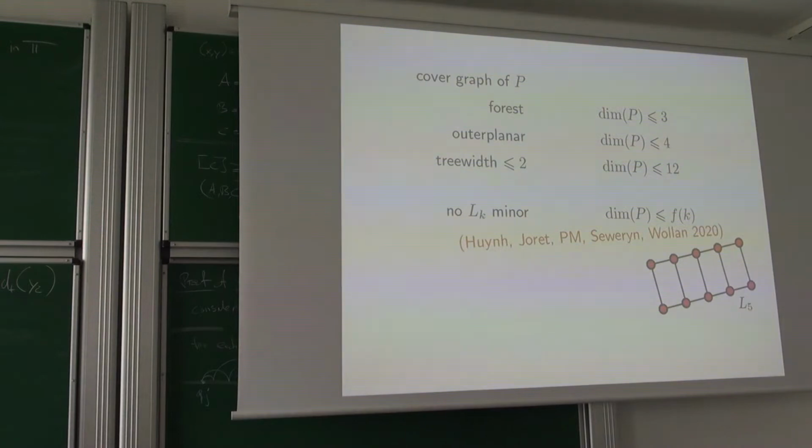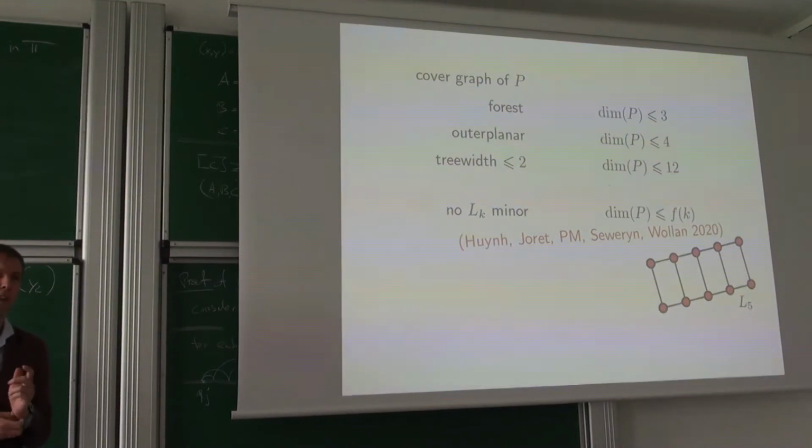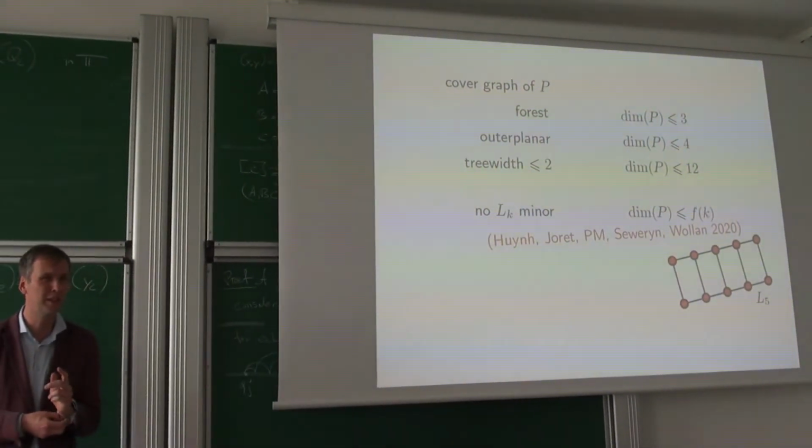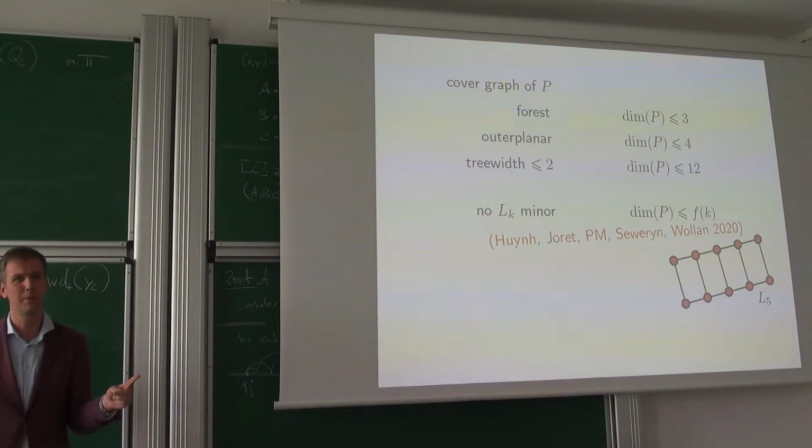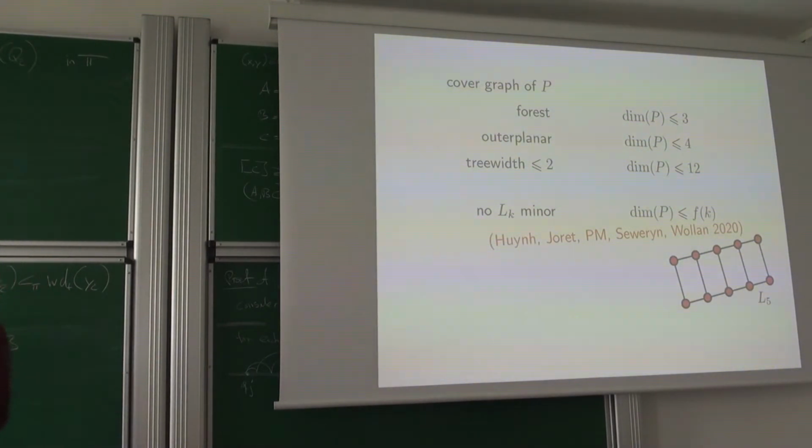This coincides with treedepth actually. This treedepth, or centered coloring number, is tied together with the size of the longest path that you see in the graph. And we understood what is tied together with the size of the longest ladder that you find in the graph as a minor. This is what we call a two-connected centered coloring number.